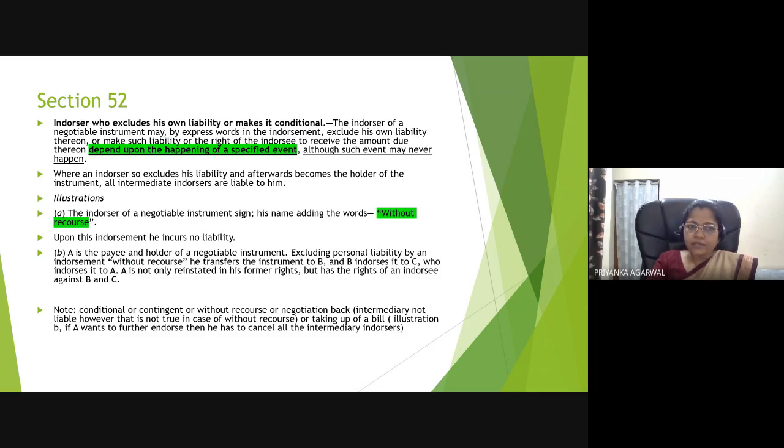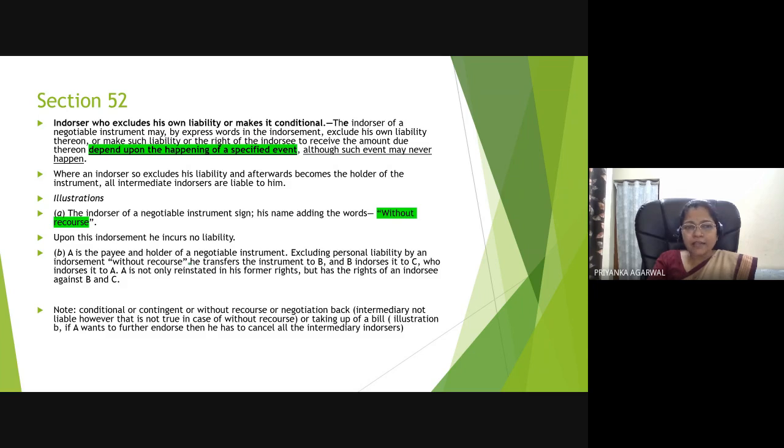From A, B, C, and then again it comes to A. Now A can further endorse it, but when A has to further endorse it, he has to cancel all the intermediaries.